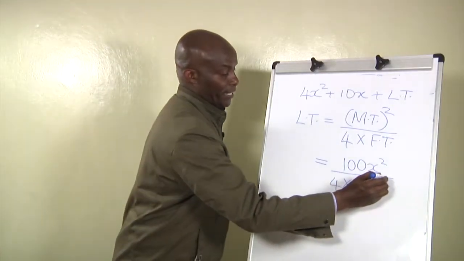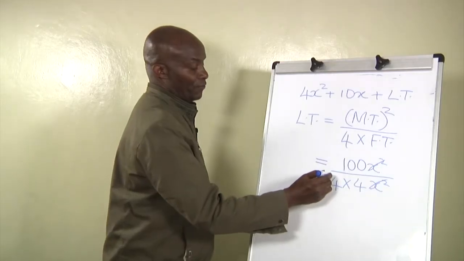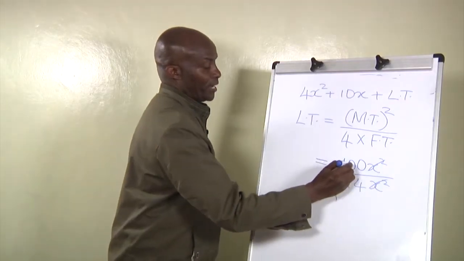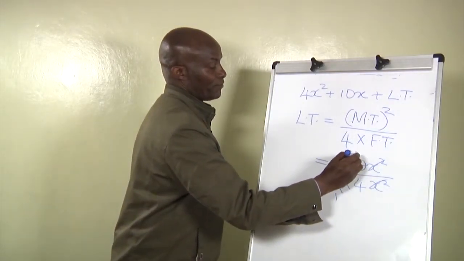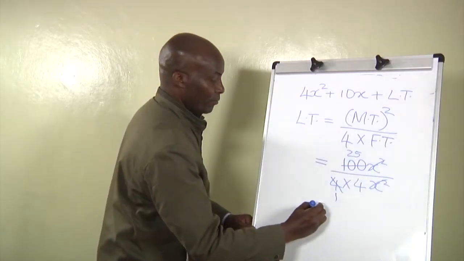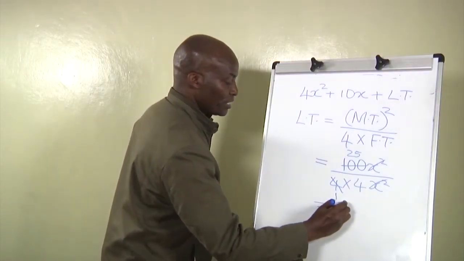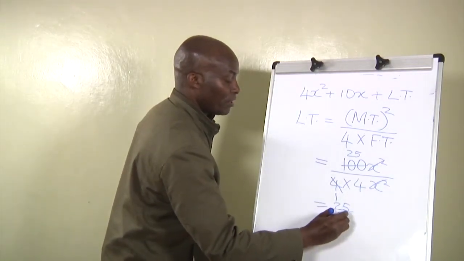Now we can cancel the x squared. 100 divided by 4 is 25, and therefore, what we need to add, the last term, will be 25 over 4.